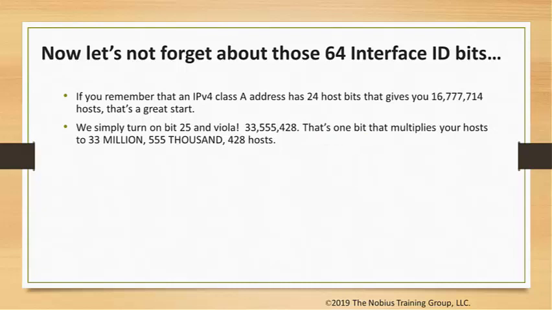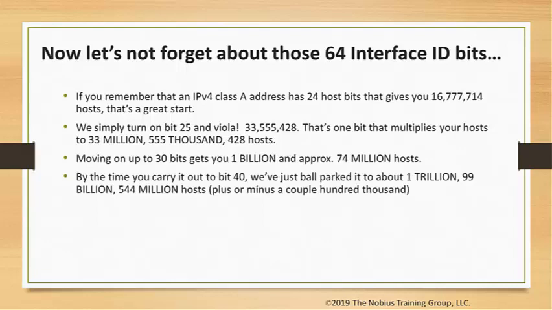That 1 bit multiplies your hosts to 33,555,428. Moving on upward to 30 bits gets you 1 billion and approximately 74 million hosts, give or take a few. By the time you carried out to bit 40, we've just ballparked it to about 1,099,544,000,000 hosts, plus or minus a couple 100,000.